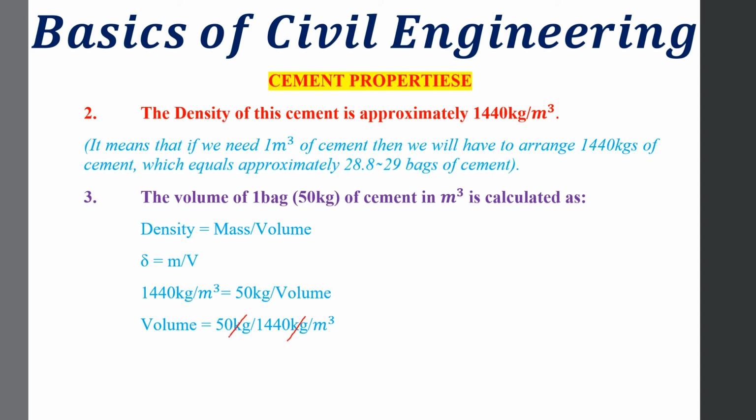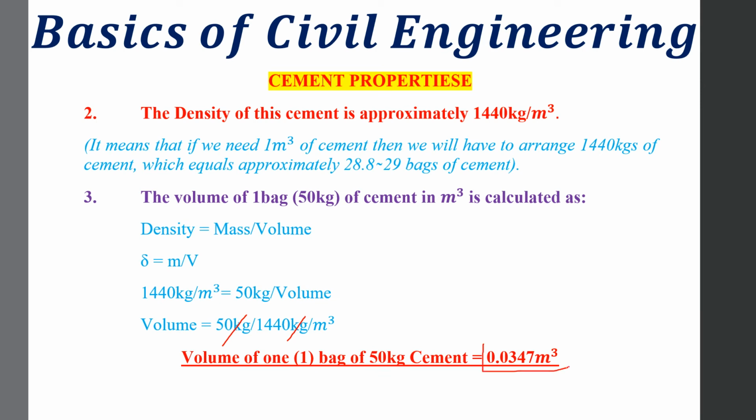This kg will be cancelled with this, and the net answer will be equal to 0.0347. It means that if we have one bag of cement, then its volume will be equal to 0.0347 meter cube. If you need 100 bags of cement, then their volume will be 3.47 meter cube. So volume of one bag is 0.0347 meter cube, while volume of 100 bags of cement will be equal to 3.47 meter cube.